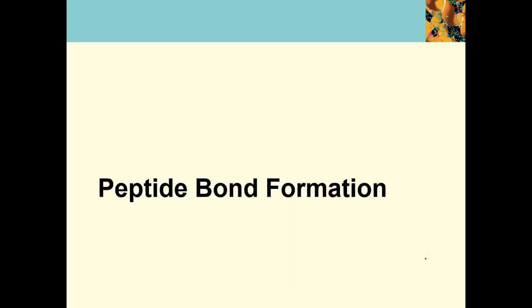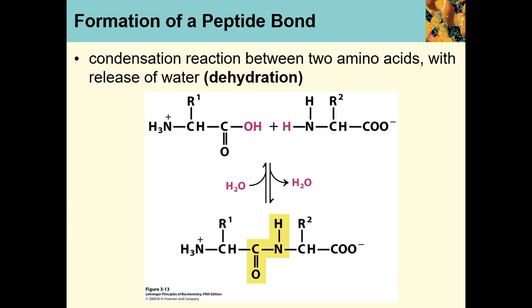So now for the main topic for today. This is all about peptide bond formation. How do we form this peptide bond? This peptide bond formation is actually a condensation reaction. When I say condensation, you are trying to merge two amino acids. So it's a condensation reaction between two amino acids with a consequent release of water, and we call that your dehydration.